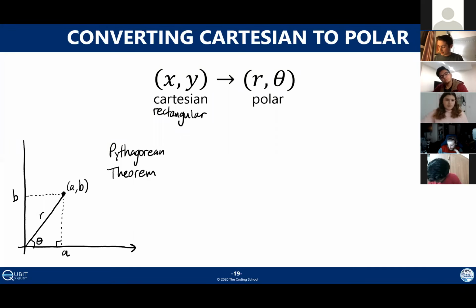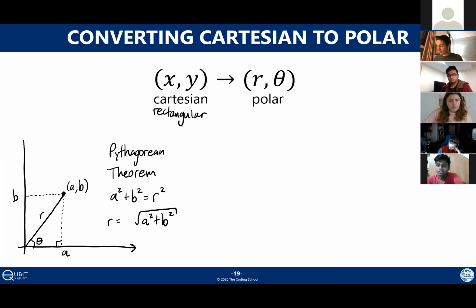So we can use the Pythagorean theorem to solve for r. We'll take the squares of our two side lengths, a squared plus b squared, and we know that's going to be equal to the hypotenuse squared, which in this case is just r squared. We want to solve for r, so we'll take the square root of both sides, and we get that r is equal to the square root of a squared plus b squared.